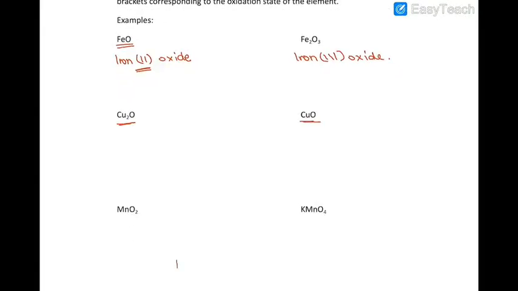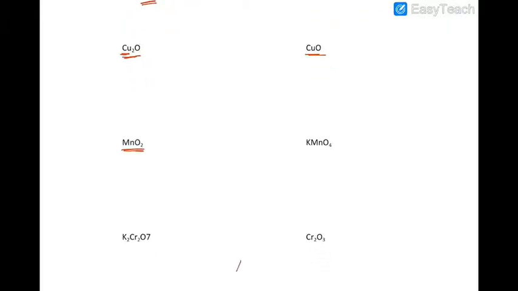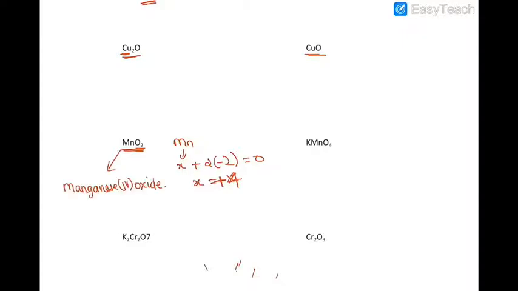You'll have to know the oxidation state of the copper so that you can name it. Now here, manganese oxide: if you find the oxidation state of manganese, let's say it's X, and oxygen is -2, so X is going to be +4. So here we're going to have manganese(IV) oxide.